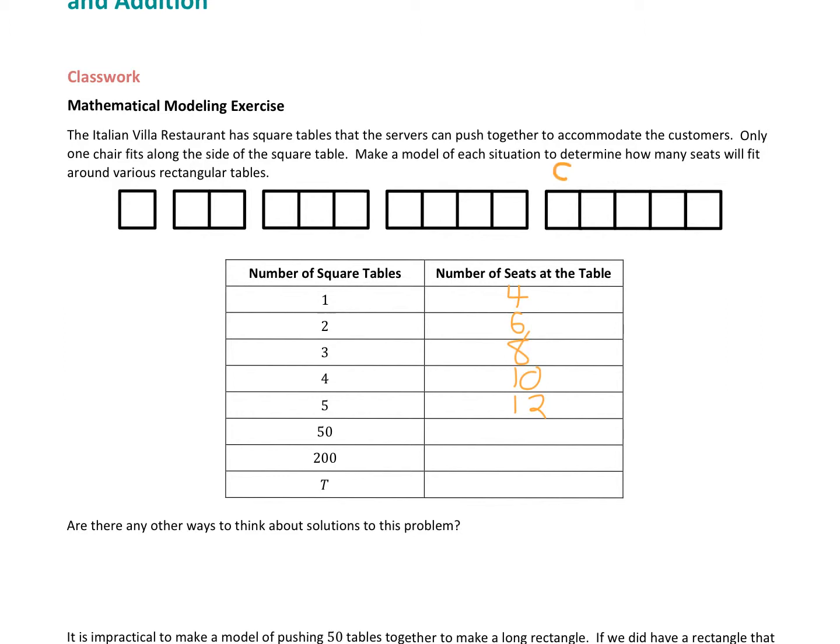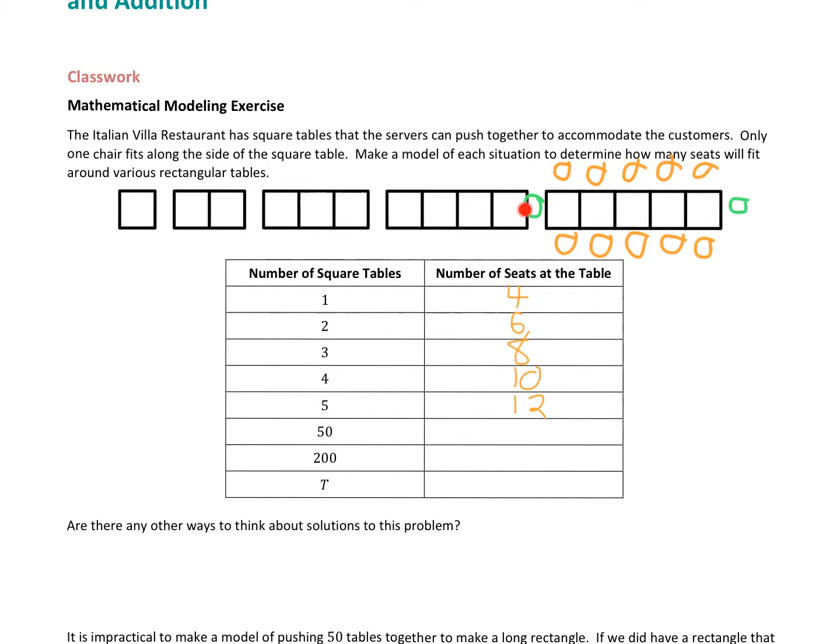So what you want to think about is when you are counting, you essentially always had people sitting along the top of the table, people sitting along the bottom of the table, and then you have the two people on the ends. So regardless of how many people are sitting at your tables, whether it's 4 or 3 or whatever, you always have a person sitting at the top and the bottom of every table. Top, bottom, top, bottom, top, bottom.